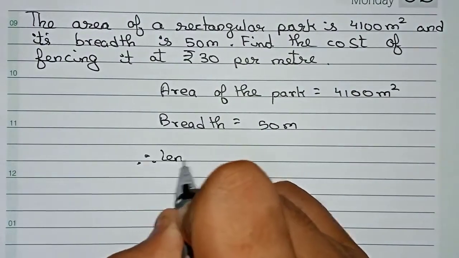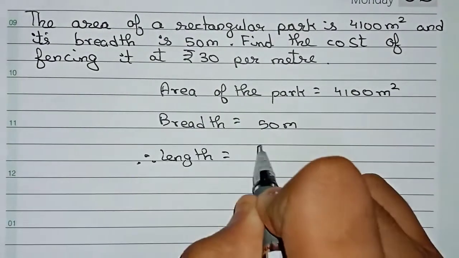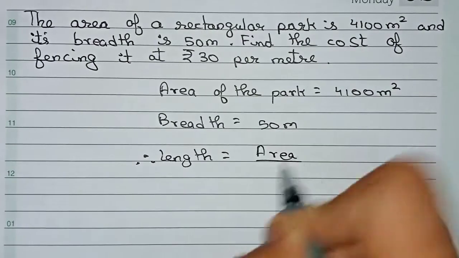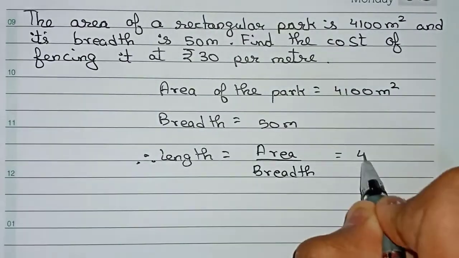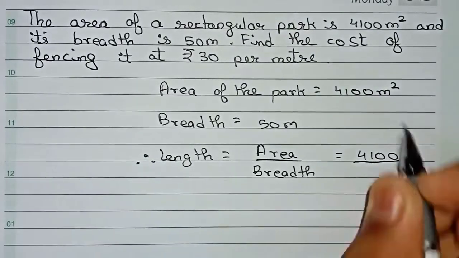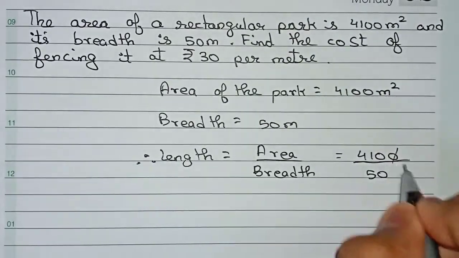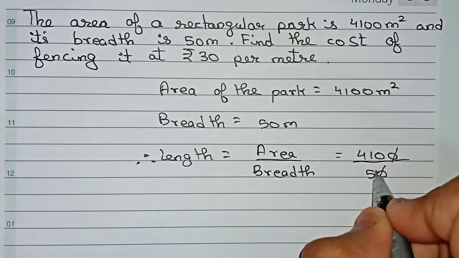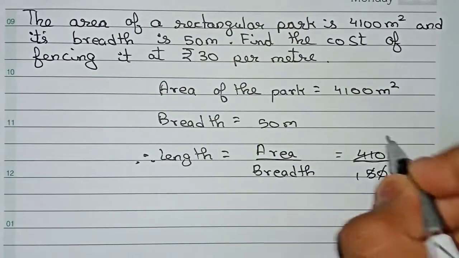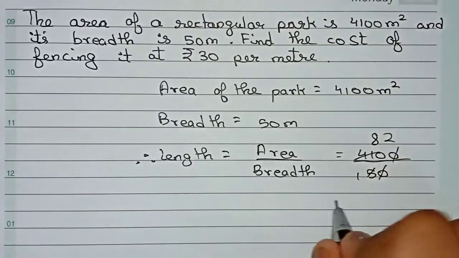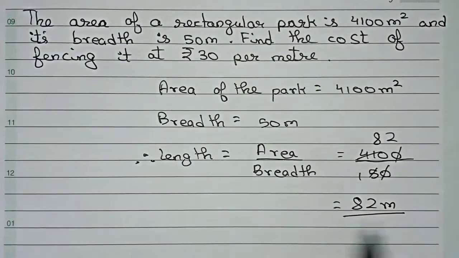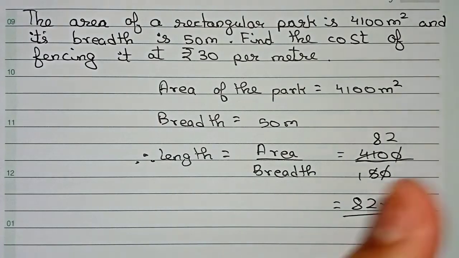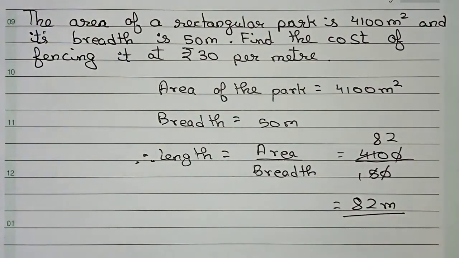Therefore length equals, the formula is area by breadth. Area is 4100 and the breadth is 50. I cut the zeros first. Now I cut 5 and 410, it becomes 82. So the length is 82 meter. Now it is given to find the cost of fencing. Fencing means we have to find the length of the boundary, which means we have to find the perimeter.